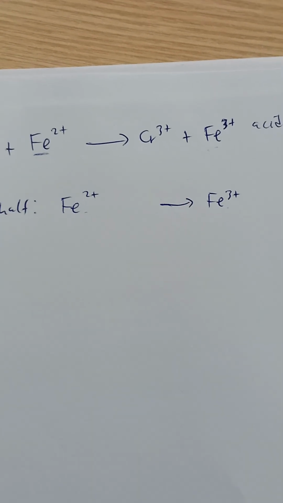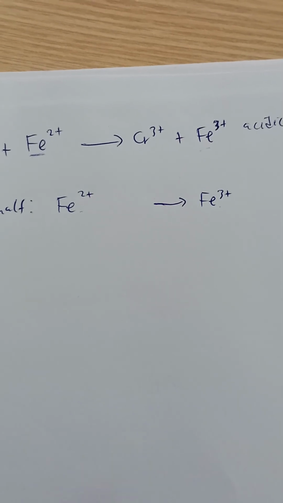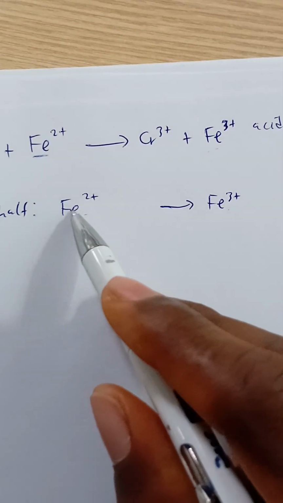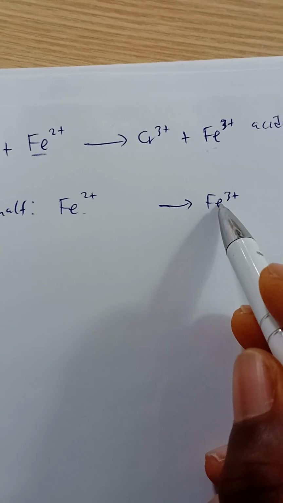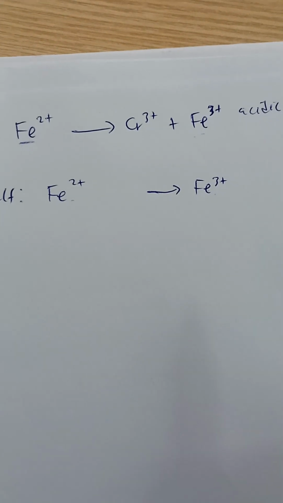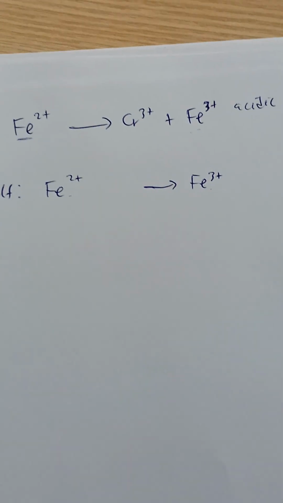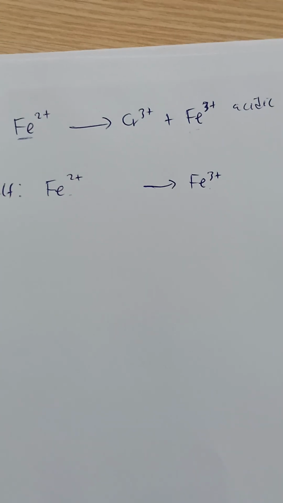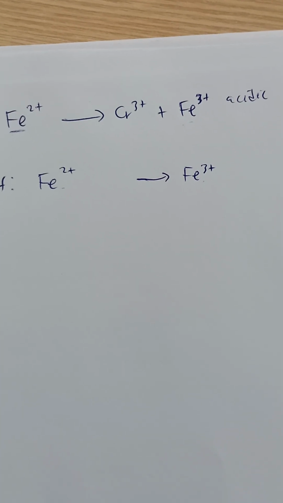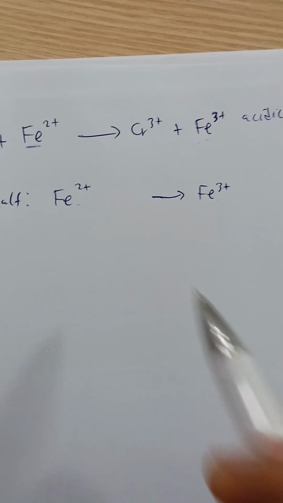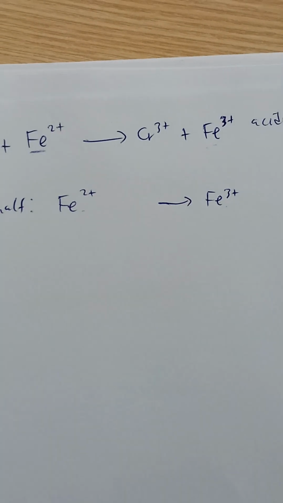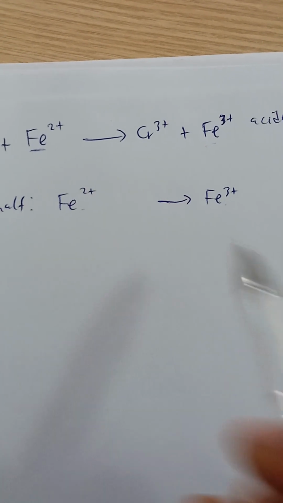If you see OH-, you know it's basic. Now since the atoms are already balanced, and there's no oxygen atom there and no hydrogen as well. If there's no oxygen, there won't be hydrogen as well, because we balance oxygen first before we balance the hydrogen. So we skip oxygen and hydrogen because they are not here.